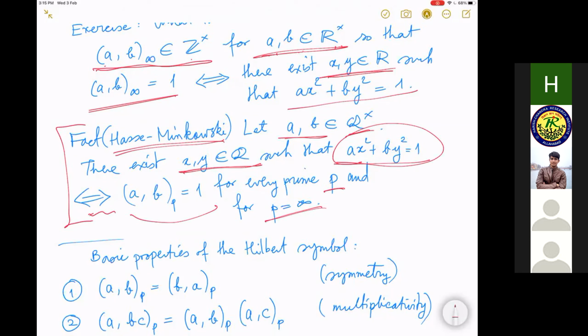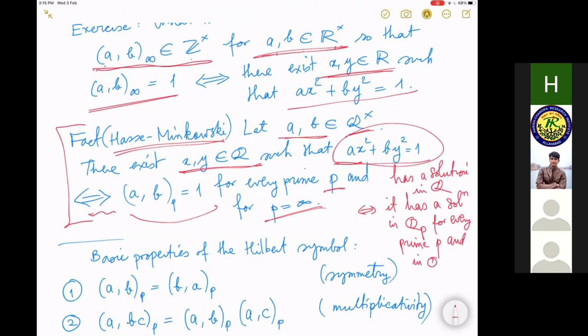In other words, this equation has a solution in Q if and only if it has a solution in Q_p for every prime p and in Q_infinity, which is the real numbers. So that's what this theorem of Hasse-Minkowski says. We are not going to prove this.